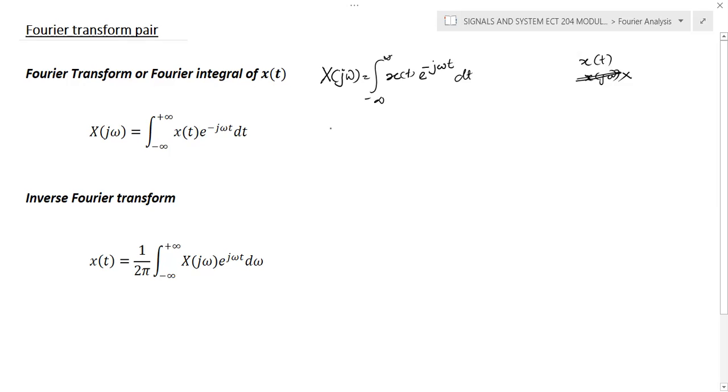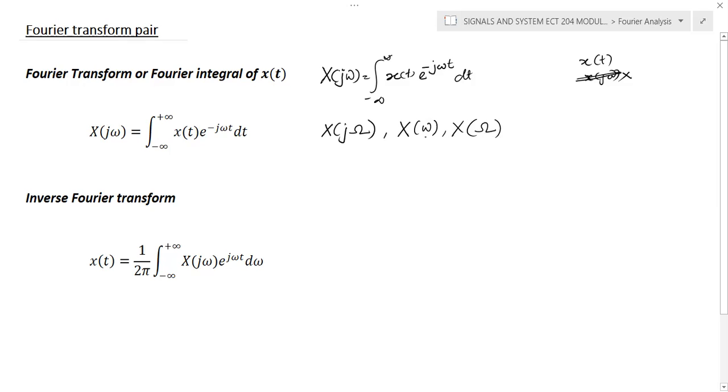Another important point regarding this Fourier transform equation and the notations: when you refer to different textbooks, the notation will be slightly different. In some textbooks, instead of omega, they will use ohm also. And in some textbooks, they will not use this j term. Simply, they will write X of omega or X of ohm.